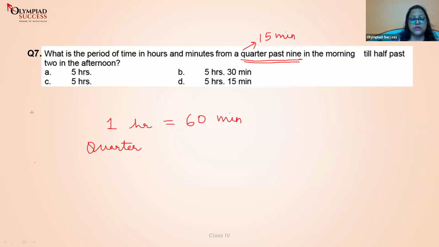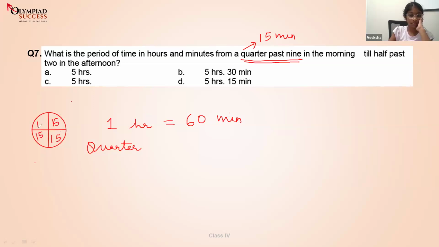This is your clock. This 1 hour over here is 60 minutes, where it takes a complete round, right? So I'm just dividing this equally into 4 parts. If I divide equally into 4 parts, how many minutes do I get in 1 quarter? This is 15 minutes. This is another 15 minutes, which is 30. This is another 15 minutes, and this is 45. Another 15 minutes. This is 60 minutes, correct?